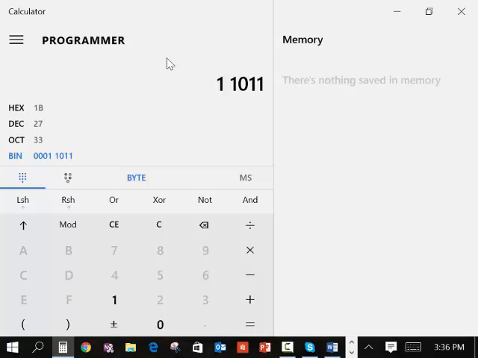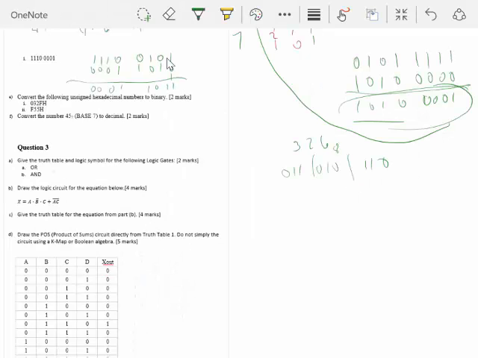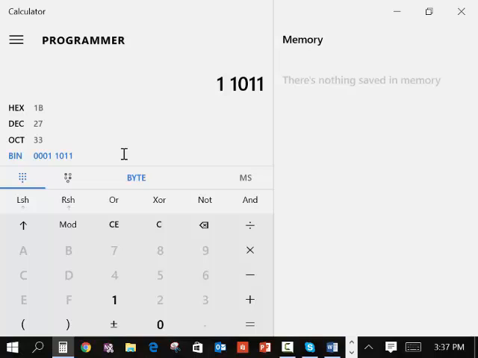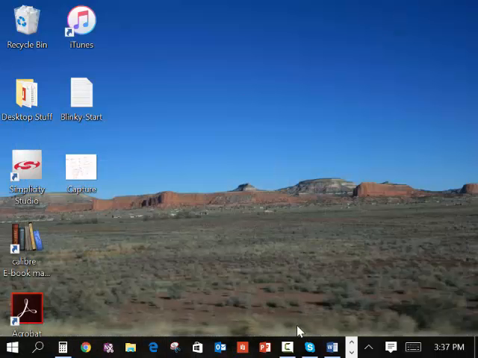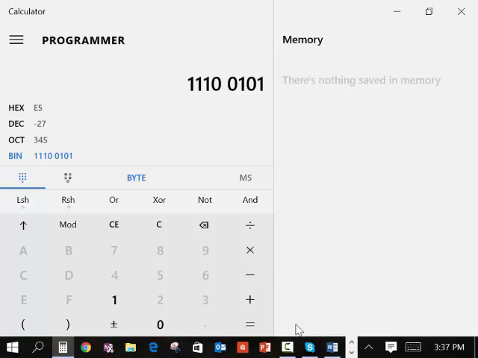If I put the original number in, the original number was that there, negative 27. So I get the same thing if I put it in the Windows calculator. Negative 27. So that's what we would get. So you can do that either way.